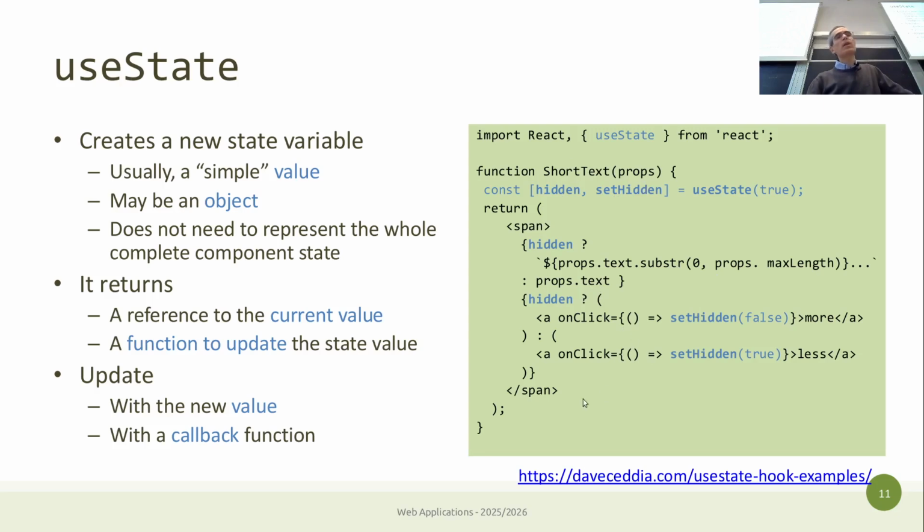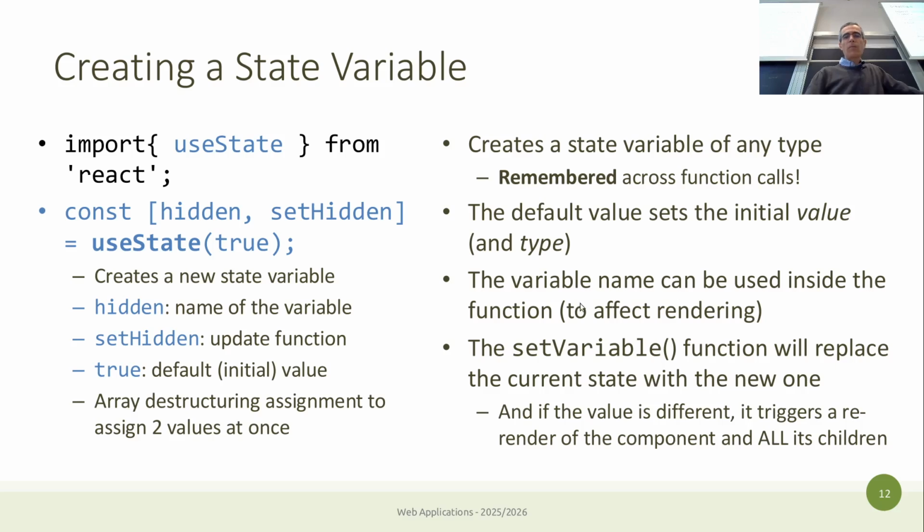This is a very simple example. We don't have children components, but we can also pass it to other components as props. It's just a value. Good. And the set variable, setHidden in this case, replaces the current state with the new one. It will do it asynchronously.